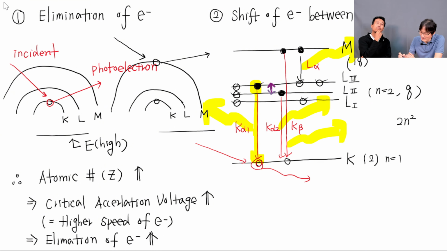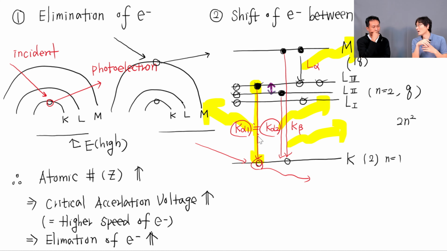Simply, we can say K alpha 1 and K alpha 2 are similar to each other. I see now, because the levels on the L orbital are quite close to each other. Yeah, right.